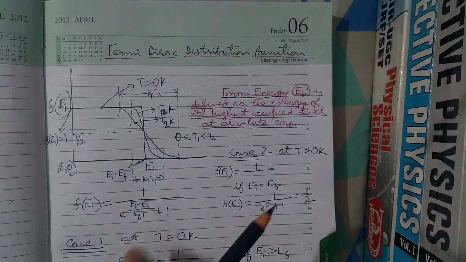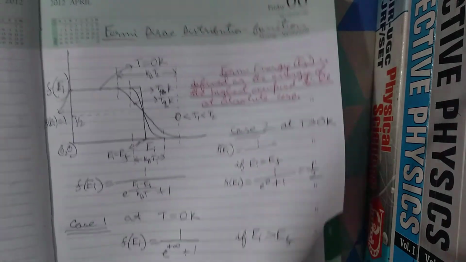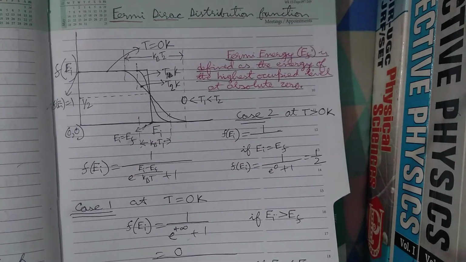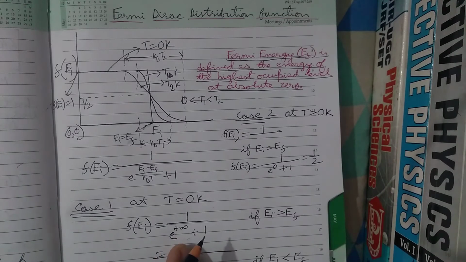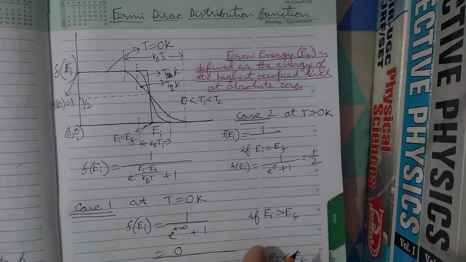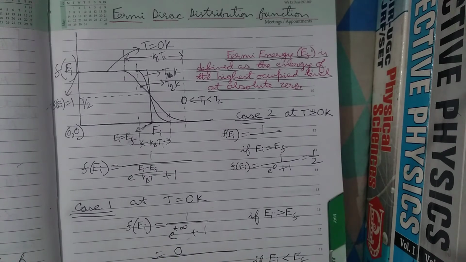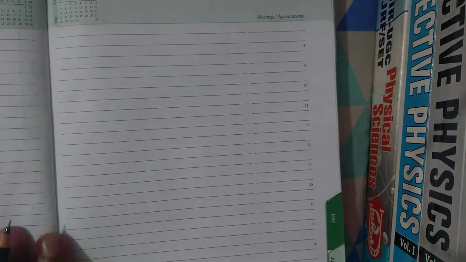Now at a finite temperature, the Fermi energy of a system is that energy for which 50% of the energy states are filled and 50% are vacant. That is the Fermi energy. So how can you write it here?